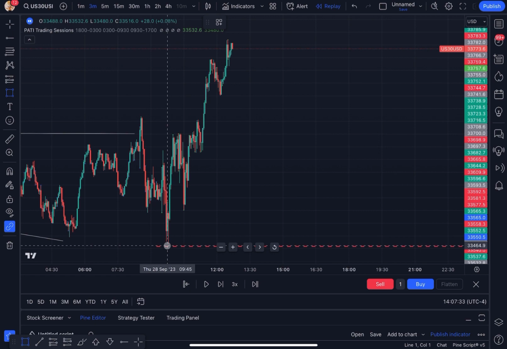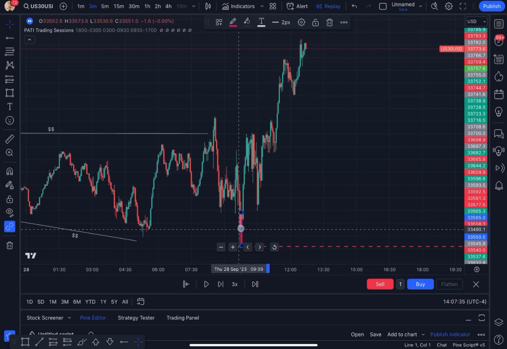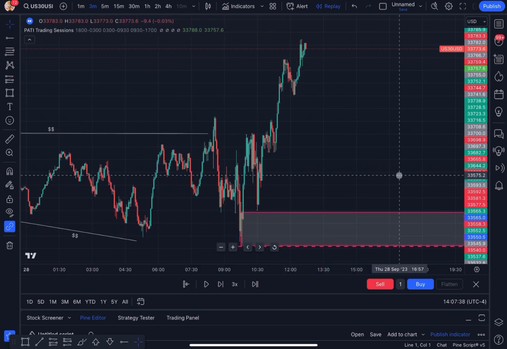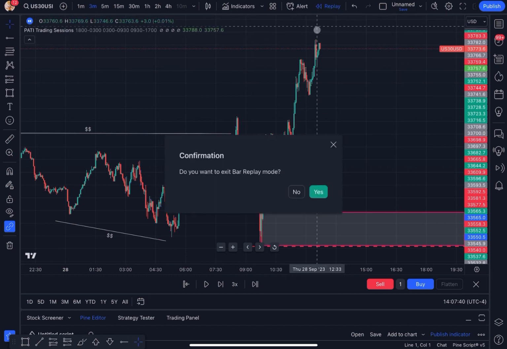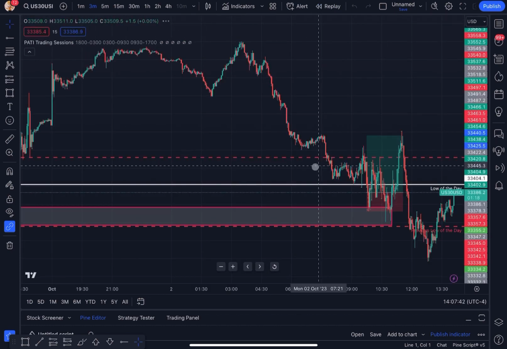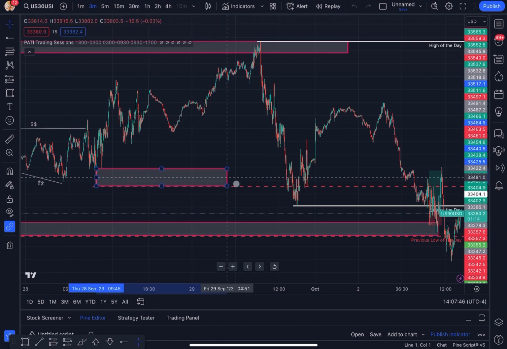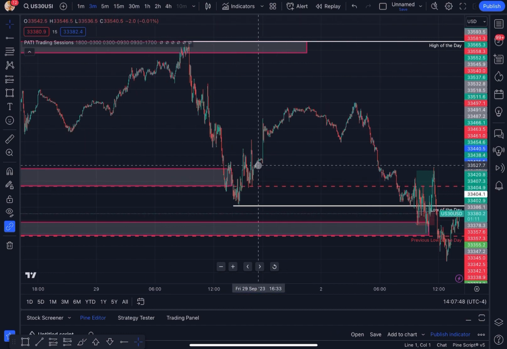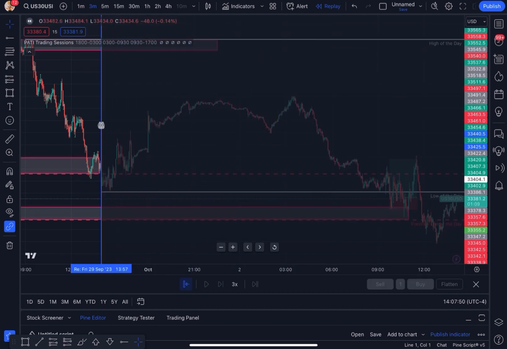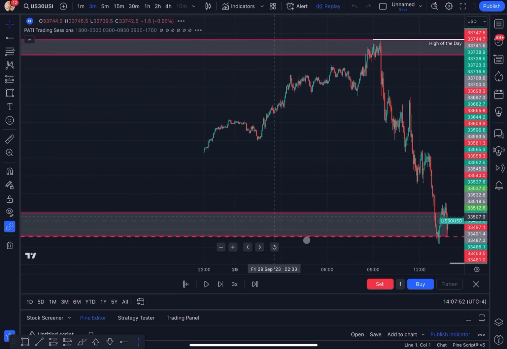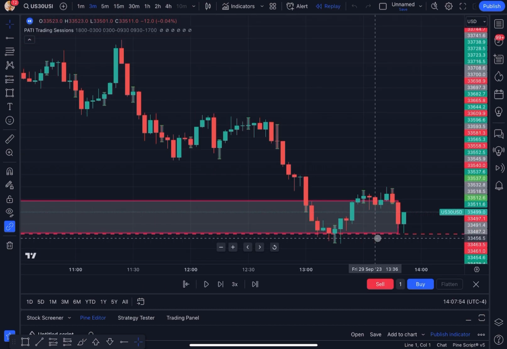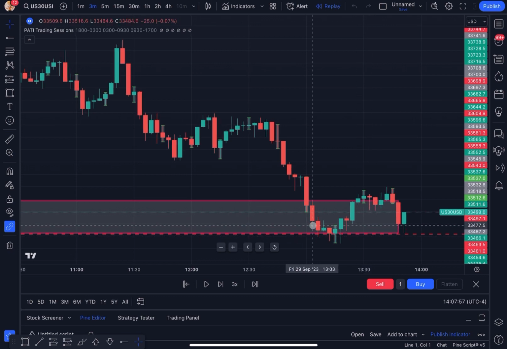Put this one right here, and if we drag this over, let's go ahead and investigate it, because even a small move will give you a good risk to reward. So this one right here, let me fast forward a little bit.